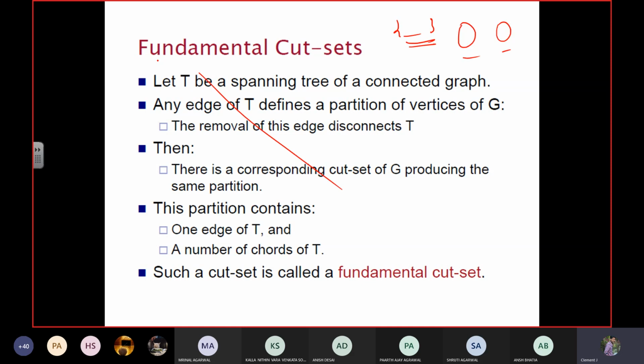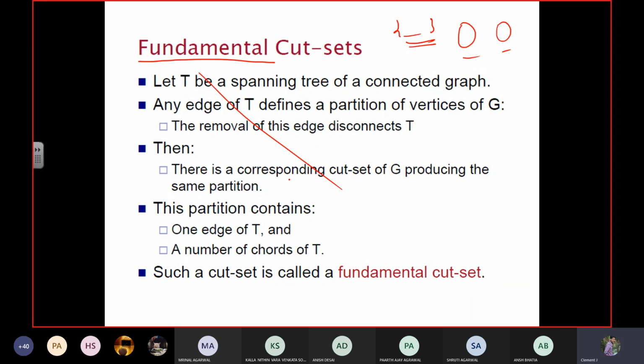Now another word is added, that is fundamental cut set. Fundamental cut set is related with the concept of spanning tree. A cut set is not related with the spanning tree, but a fundamental cut set is. So here you can relate this concept with the spanning tree. How is it going to be related?